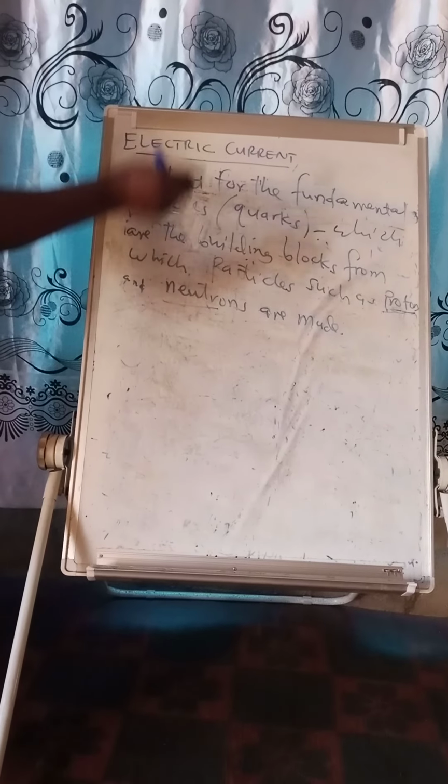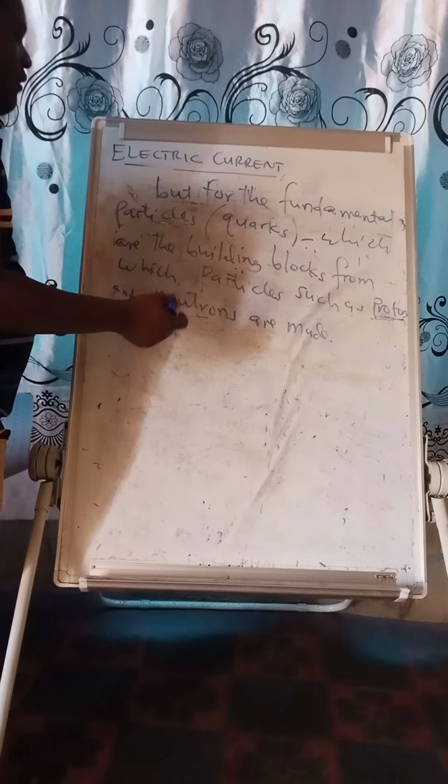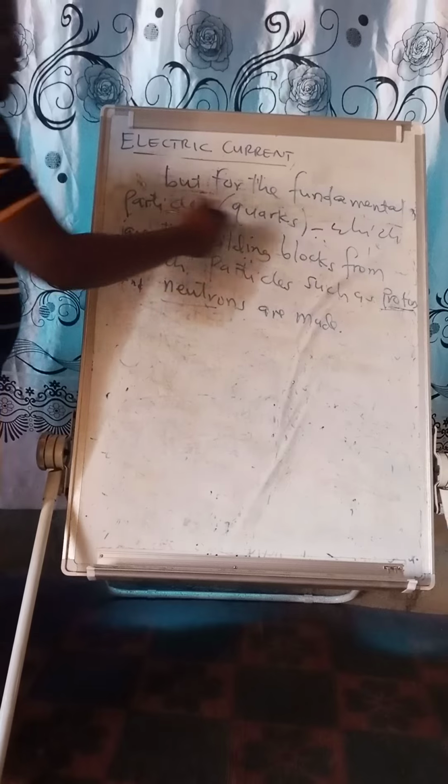It means the smallest materials. You see, the electron is small, but it is made up of some particles which are very small. We call those quarks or fundamental particles.